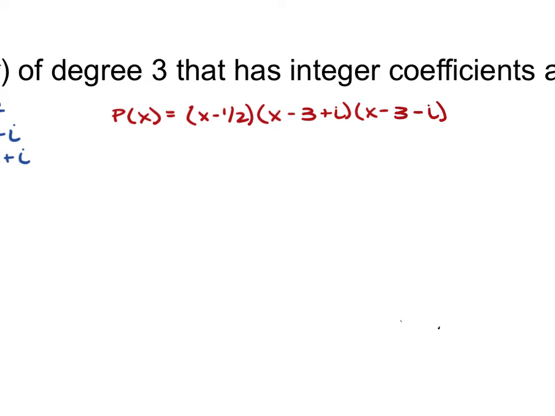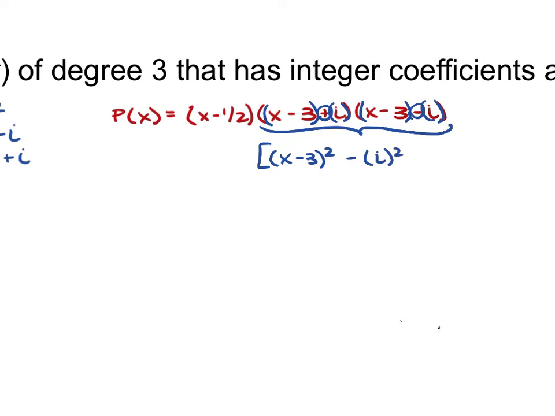With these, if you look at these two sets of parentheses here, you have a difference of squares pretty much. So you have this x minus 3 in each, opposite signs, and the i in each. So we can rewrite this as just x minus 3 squared minus i squared.